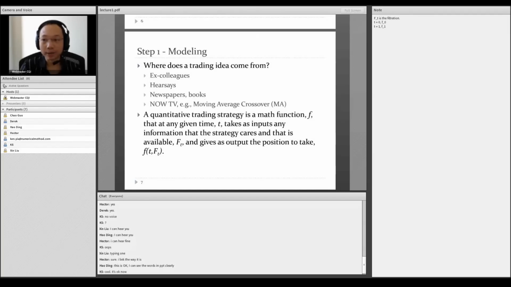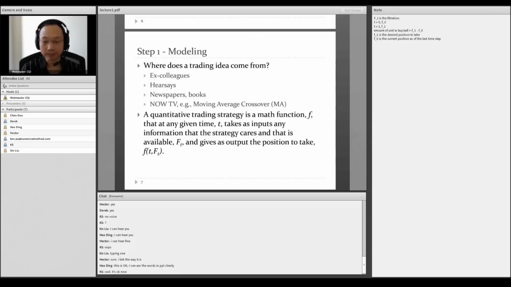So for example, here the amount of units to buy or sell would equal f_1 minus f_0. Basically, f_1 is the desired position to take, and f_0 is the current position as of the last time step. By that you can compute the amount of units you want to buy or sell, and then the software will send orders to the exchange for execution.